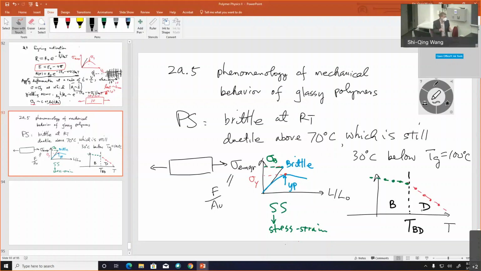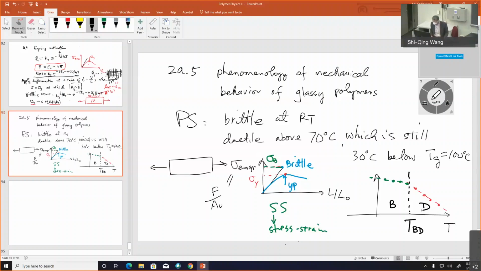Even if I pass the yield point, remember last time I showed you the spec, I know this is not glassy, but that's in part B when we talk about semi-crystalline polymers. I passed the point of yield. At least I can still bear some load. That's important. Okay.